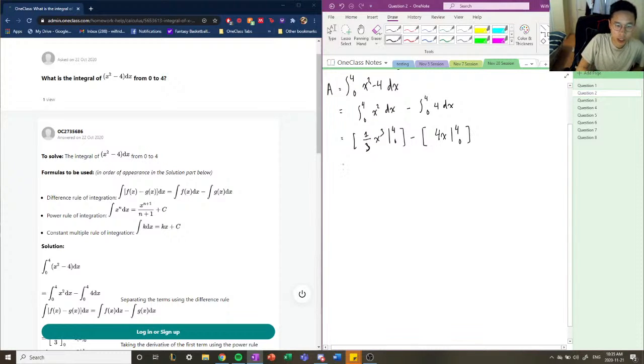Cool. So now we're going to calculate the area under the curve, or the difference between the interval 4 and 0 of these two integrals, I guess you can say. So let's do that now.